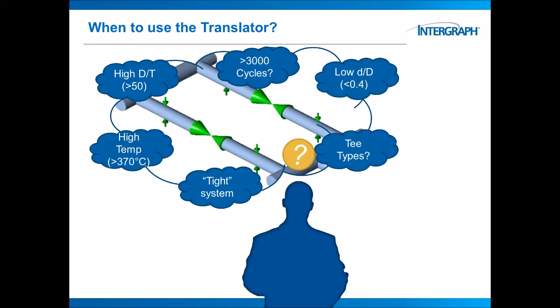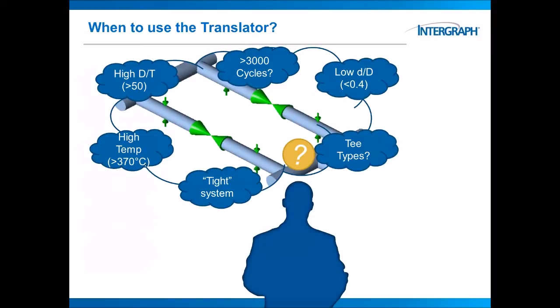Maybe if you have a low d over D ratio, something less than 0.4. Do you have high temperatures greater than, let's say, around 370 or so degrees? What T types do you have? The unreinforced fabricated Ts we class as the worst type of Ts, versus a B16.9 welding T, which we class as the best type of T.